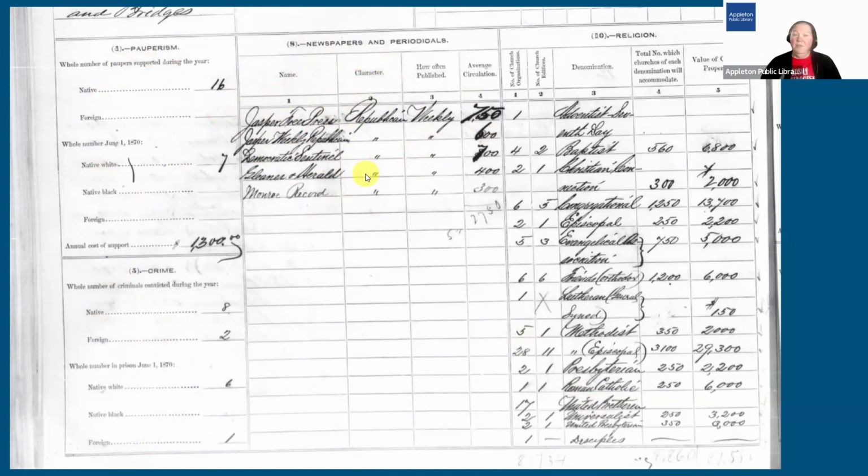Sometimes during this time period, they're either Republican or Democrat leaning. How often it's published, and how many circulations there are, so how many people on average are reading it. So maybe one of the larger newspapers might be where your ancestors' obituary might appear. And then here's all the information on the different church denominations. You could follow up then to see if your ancestor is featured in one of these church records for one of these churches.